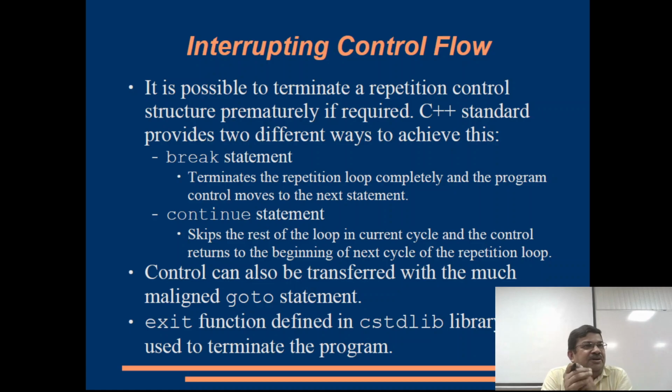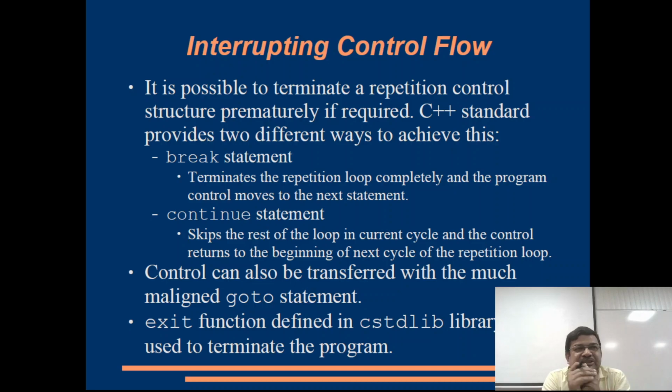So that is how the basic control flows in the code. But sometimes you may need to interrupt the control flow. You may need to take the exit after some condition is met, right? It is possible to do so, and there are several ways of doing that.